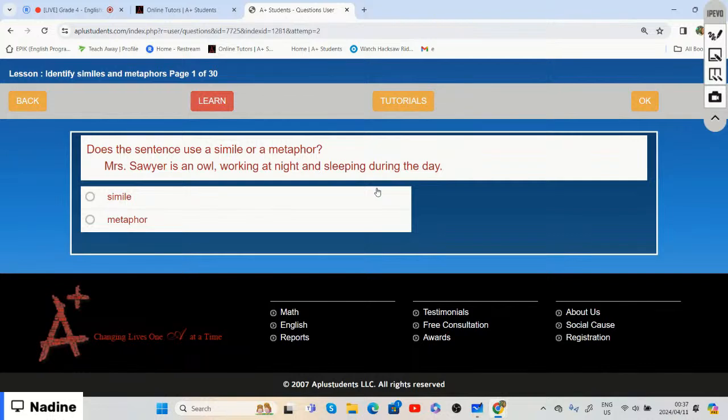All right, so we see that Mrs. Sawyer is an owl, and this owl is working at night and sleeping during the day.